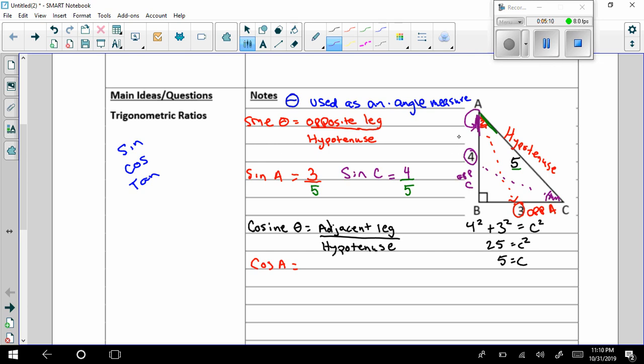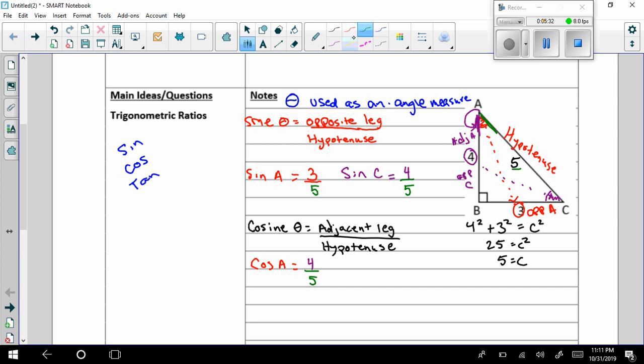So the one that's opposite to C is adjacent to A. So your 4. Hypotenuse is 5. That doesn't change.